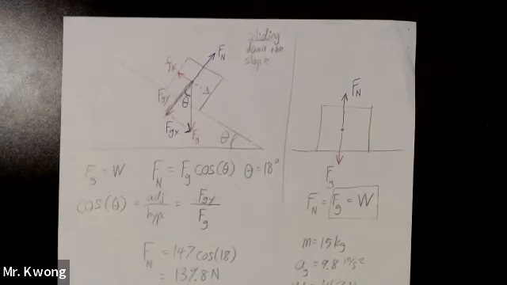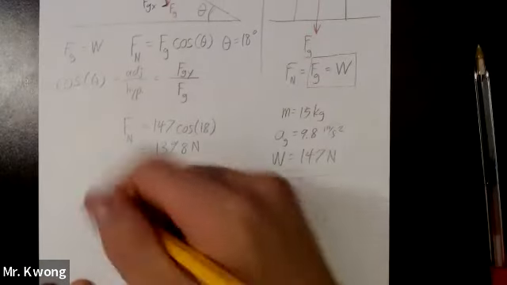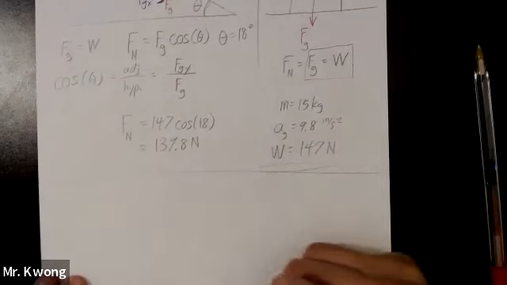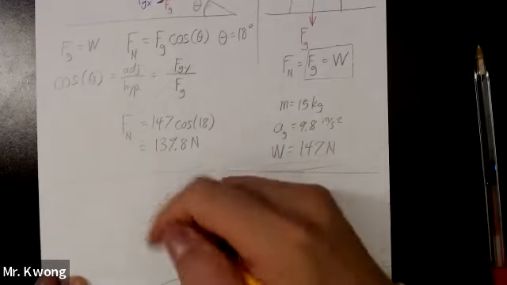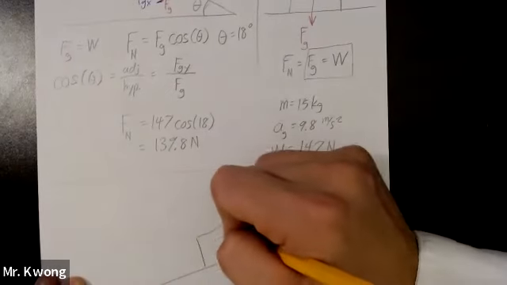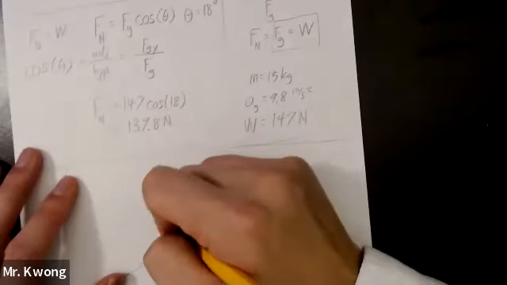Now, I do want to talk about another scenario regarding boxes on inclines, because boxes on inclines also can apply to going up the incline, not just down the incline. So let's say we have some box again, and I just keep drawing boxes because they're simple to draw.